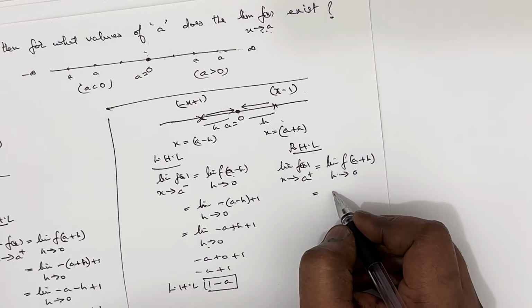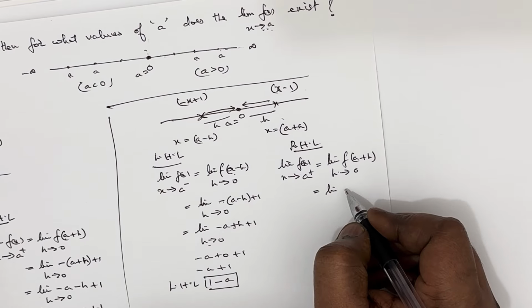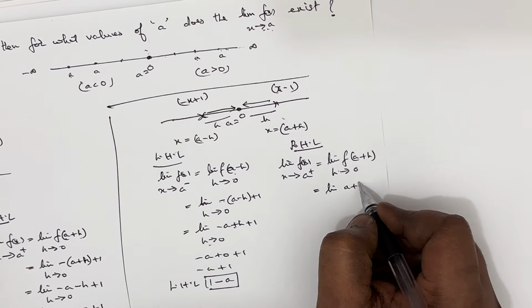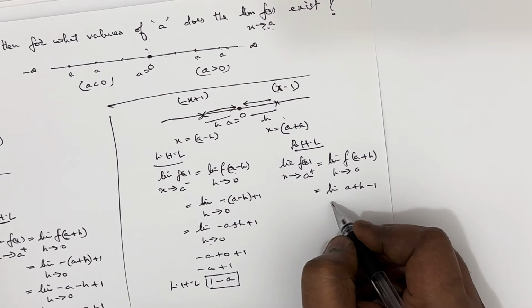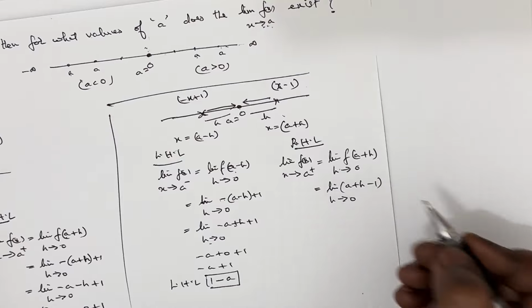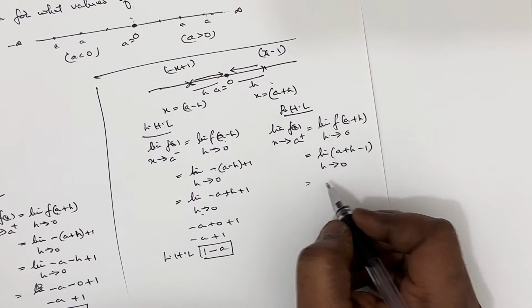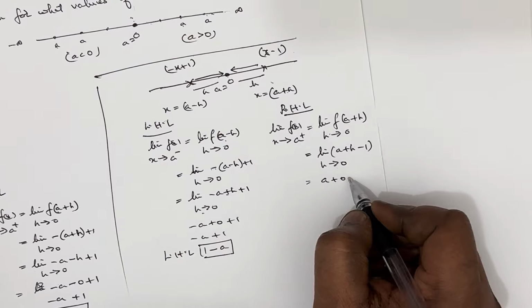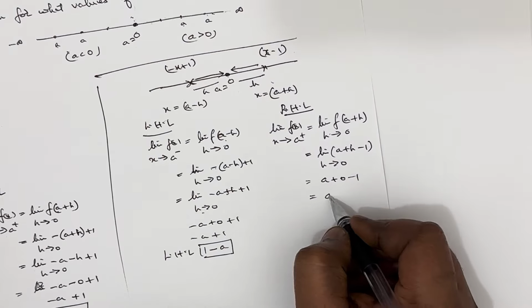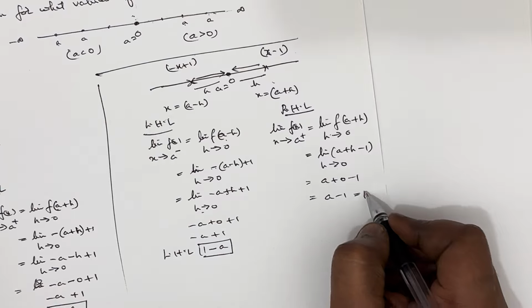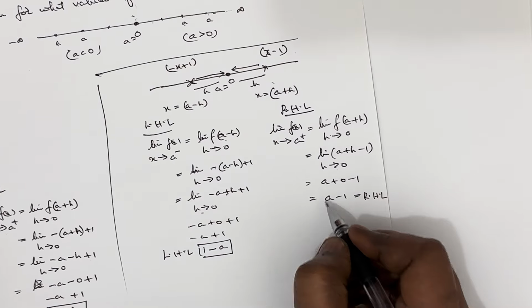So this becomes the limit of a plus h minus 1 as h tends to 0. Replacing h in the function, we get a plus 0 minus 1, which is equal to a minus 1. This is the RHL, the right-hand limit.